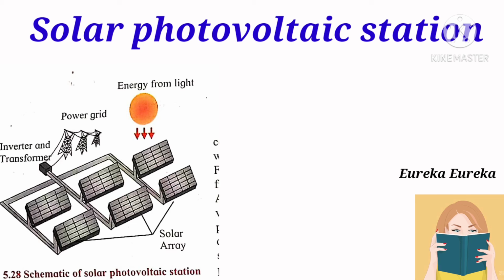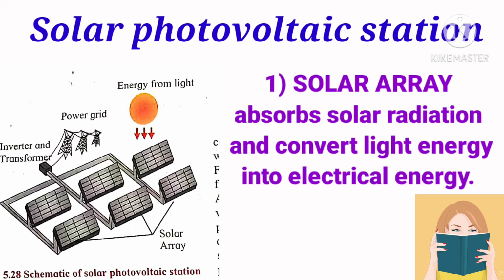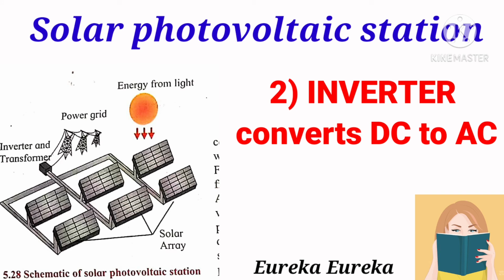Here, light energy, that is energy from solar radiations, is absorbed by solar array, and these solar array convert this light energy into electric energy. And an inverter is a device which transforms this direct current which is generated into alternating current.